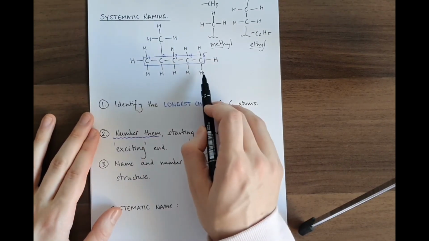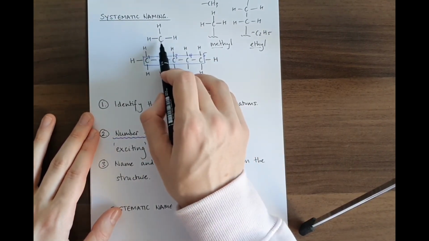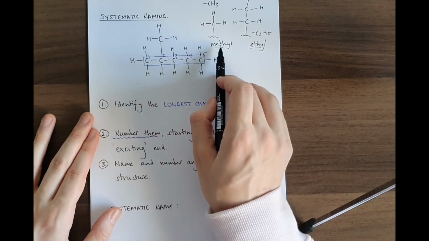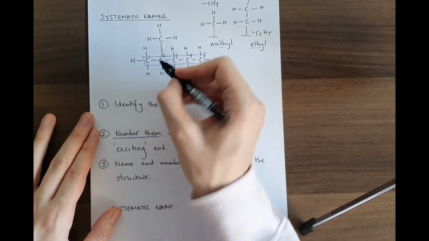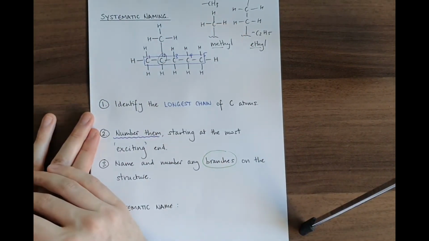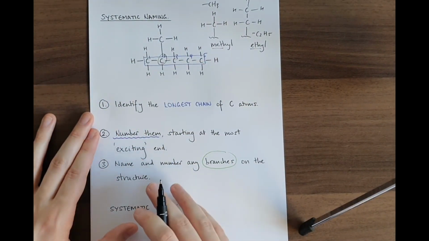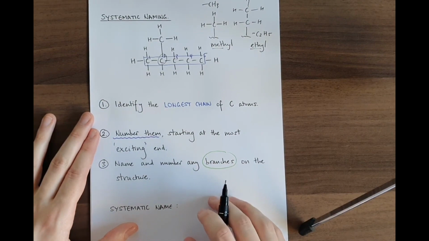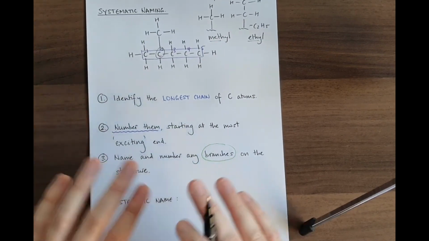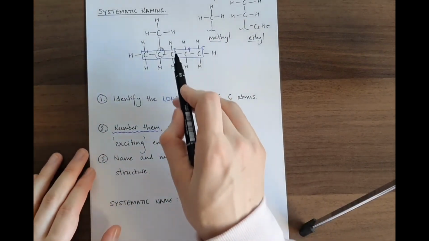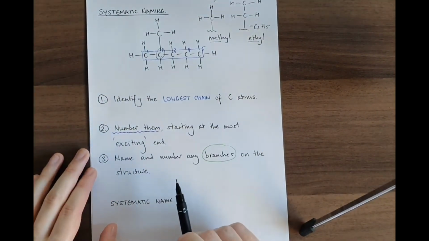So if we have a look at our structure, this branch, which happens to be a methyl branch, is bonded to carbon 2 of the main chain. So it's 2-methyl is the name of our branch. So now we have all the information that we need to actually name this systematically.